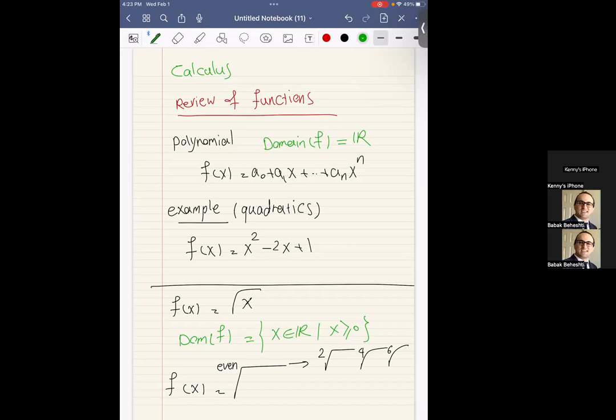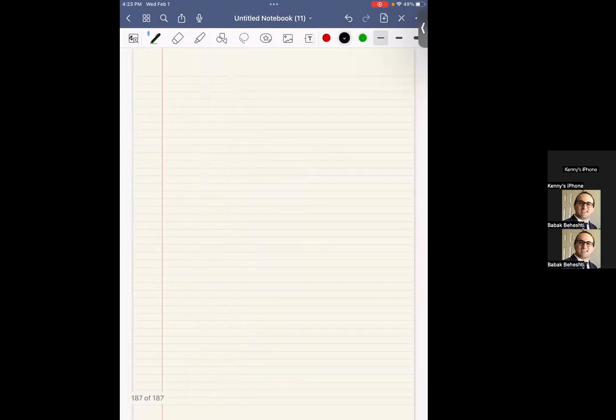But for the odd roots, like 3 or 5 and so on, there is no restriction on the domain. So the domain would be all real numbers.